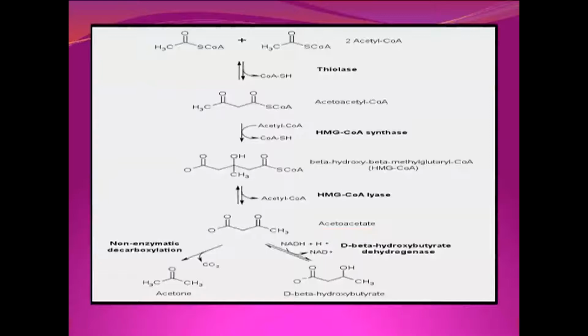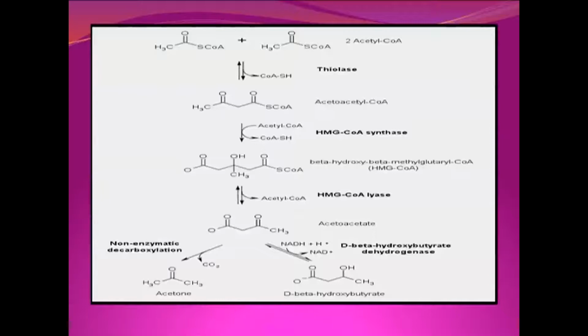This acetoacetate has got 2 alternative fates. It may suffer a non-enzymatic and as a result a slow and spontaneous decarboxylation to yield the second ketone body, which is acetone.